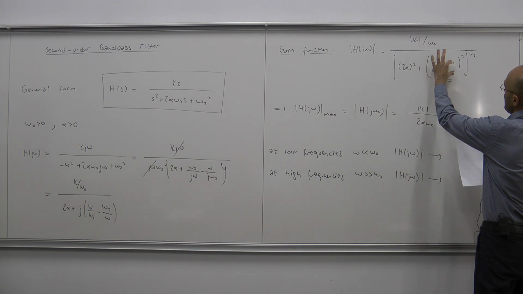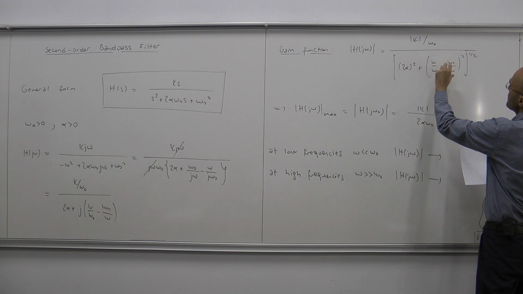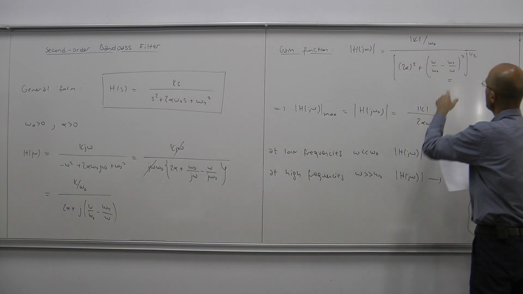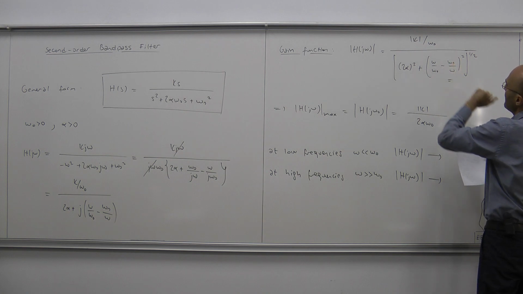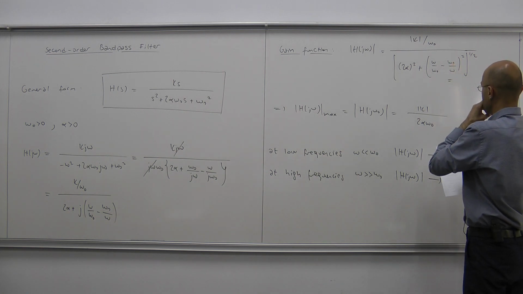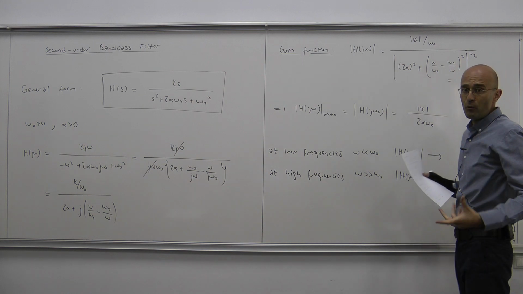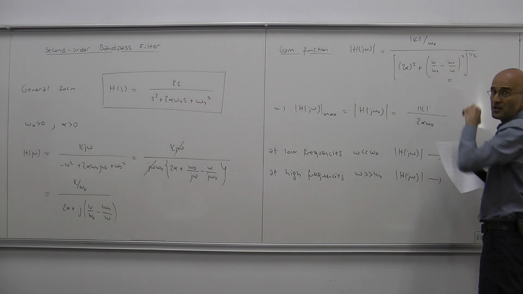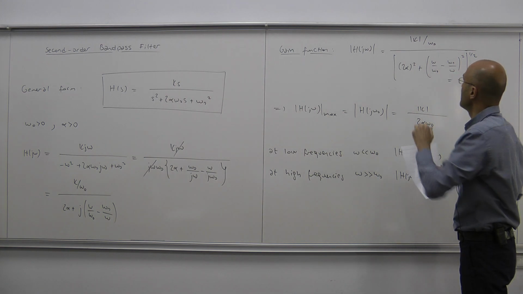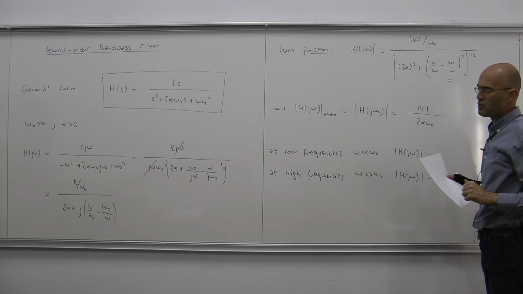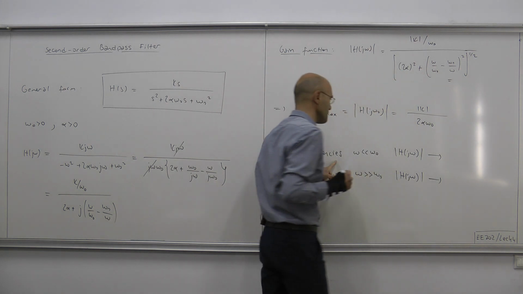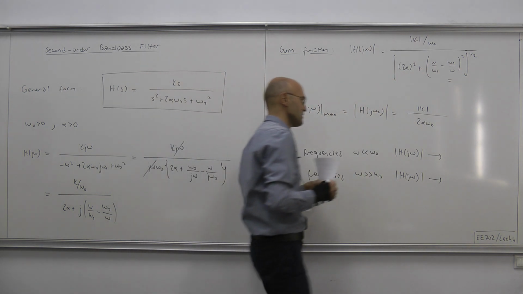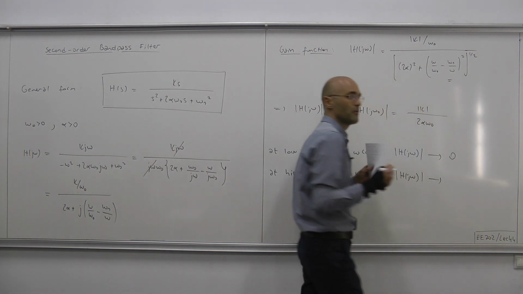We can approximate the denominator with omega 0 over omega. Since this thing is very large and it appears in the denominator, the whole thing is very small. So that means at low frequencies, the gain is close to 0. So the gain tends to 0.